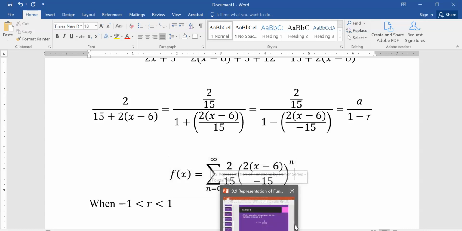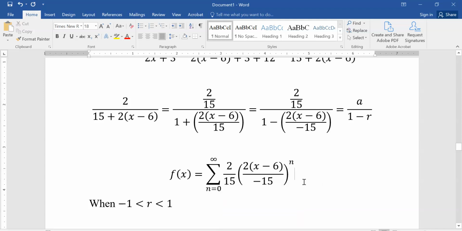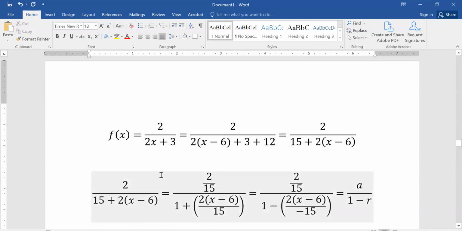So hopefully this makes sense. This is probably the most difficult concept in here, this distributing. But notice in all of the problems, we take it step by step. We always want to center first. So center at the right place first. Get something over a number plus something centered at the right place. Make this number, which in our case was a 15, make it a 1 by multiplying 1 over 15 times the top and bottom.